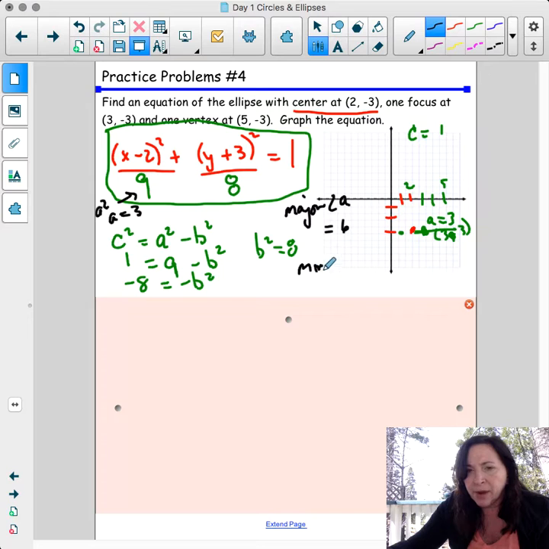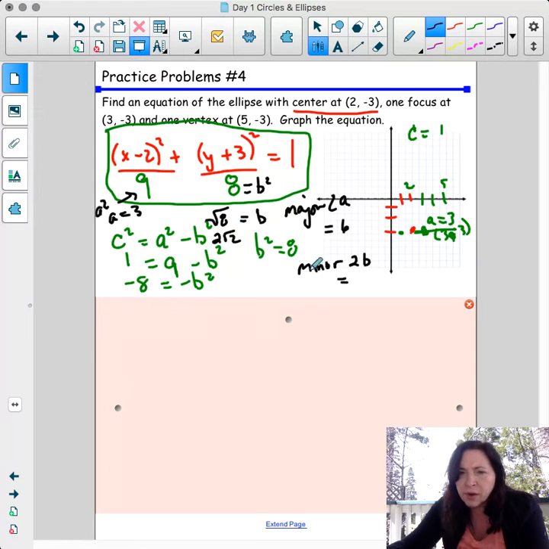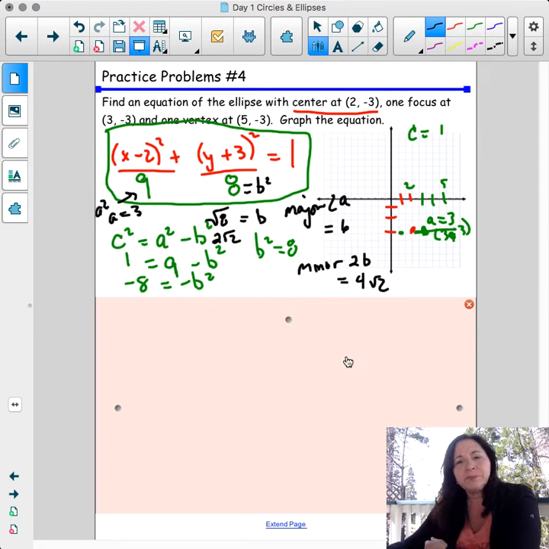The minor axis is equal to 2b. Since b squared is 8, b is equal to the square root of 8, which is the square root of 4 times the square root of 2, or 2 root 2. So 2 of those would be 4 root 2. That would be my minor axis.